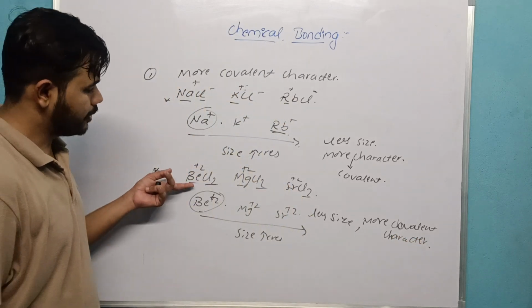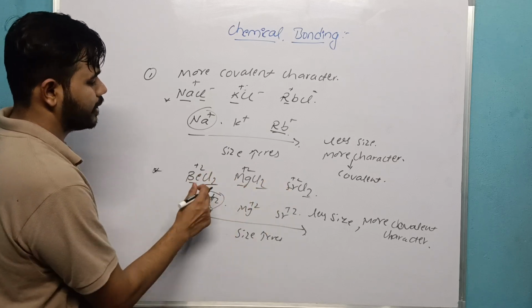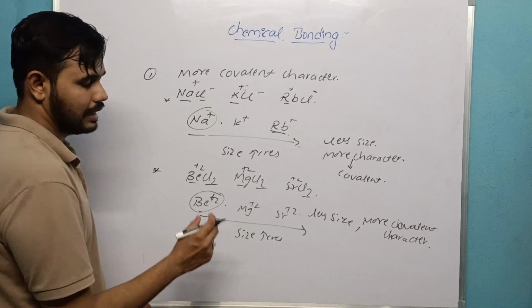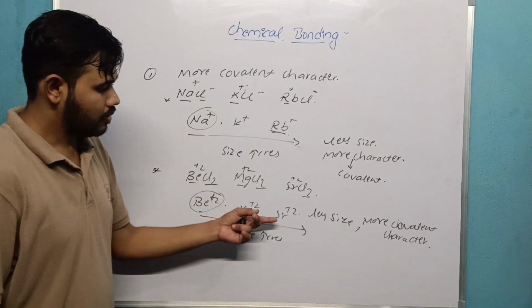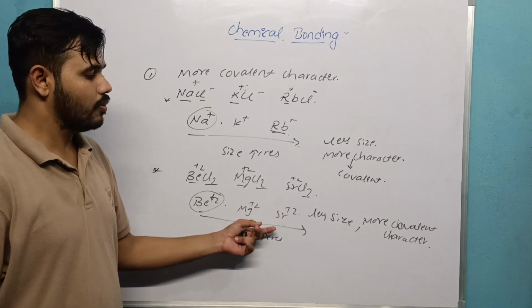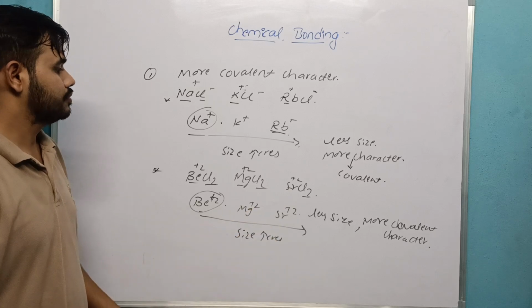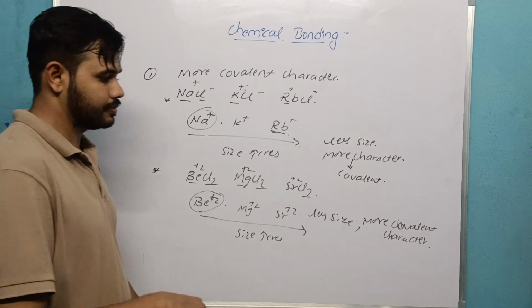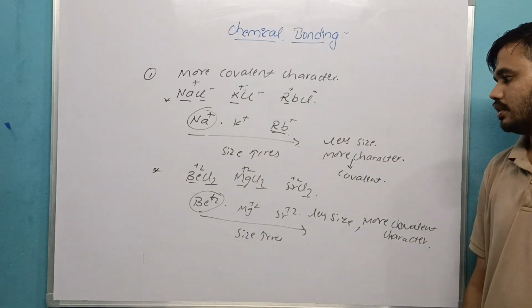Between these three compounds, beryllium will have less size and more covalent character. But while coming to Sr2 plus, it will have more size but less covalent character. Okay, note down, students.